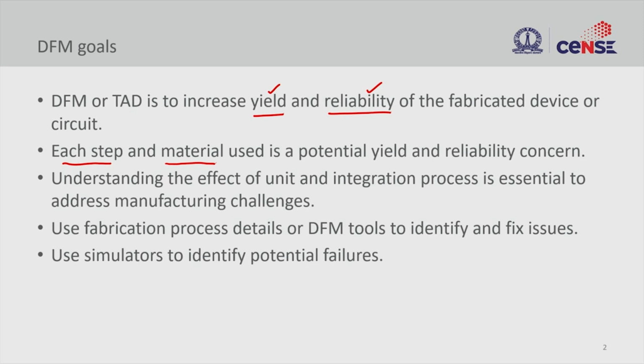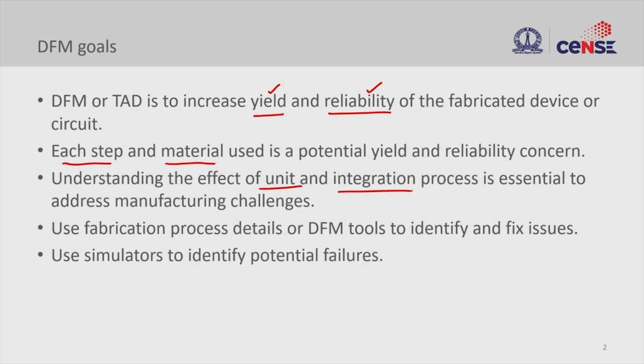So if you want to achieve high yield and reliability, we should understand the unit process, right? So what is the effect of the unit process and the integration process as well, so that we can address the manufacturing problems.